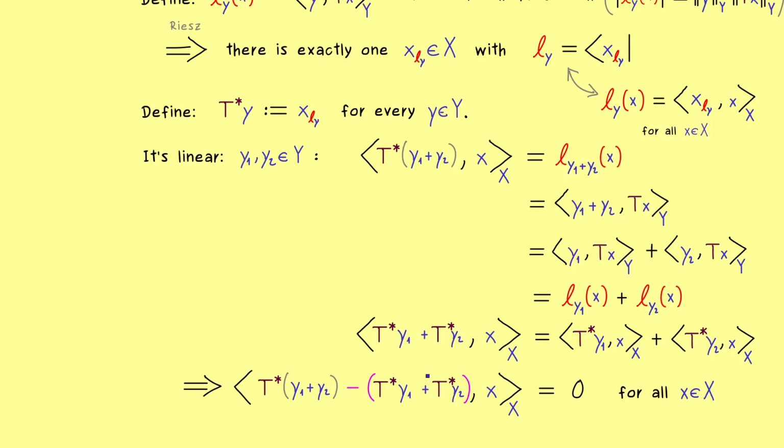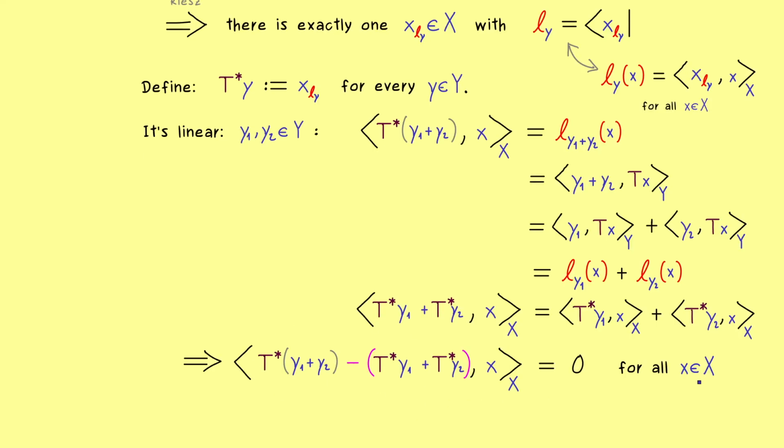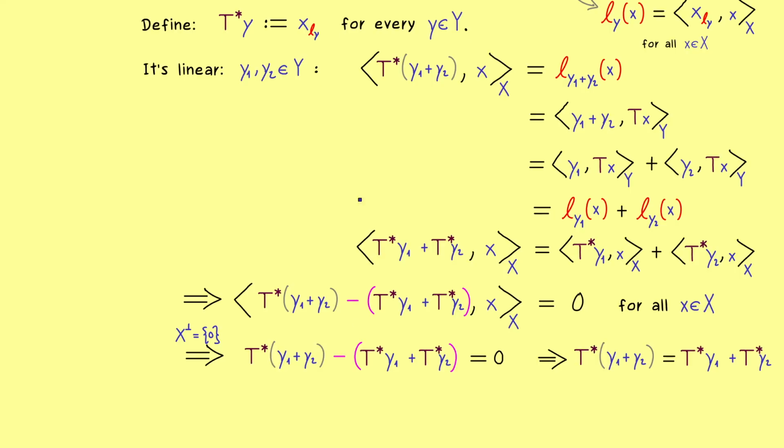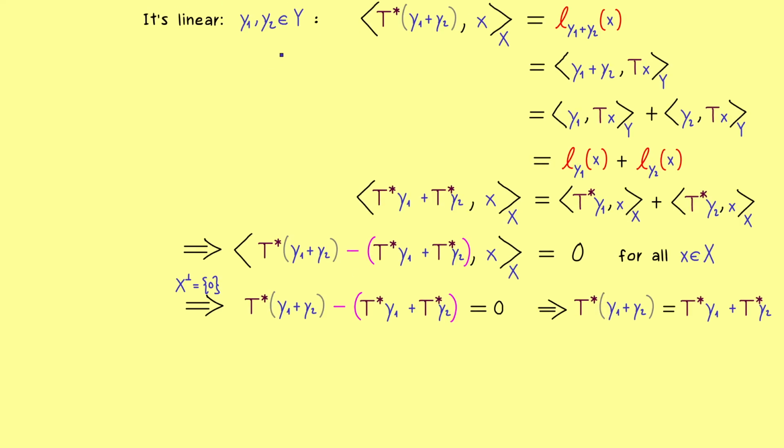And now you see what we get with the whole calculation here is an orthogonality in the Hilbert space X. Namely, this vector on the left hand side lies in the orthogonal complement of X, where we already know that this is only the 0 vector. Therefore we get our result here, this is the 0 vector and the inner product is gone. So the first part of linearity is shown, we can pull out the addition. And for the second part, we need to show that we can pull out a scalar.